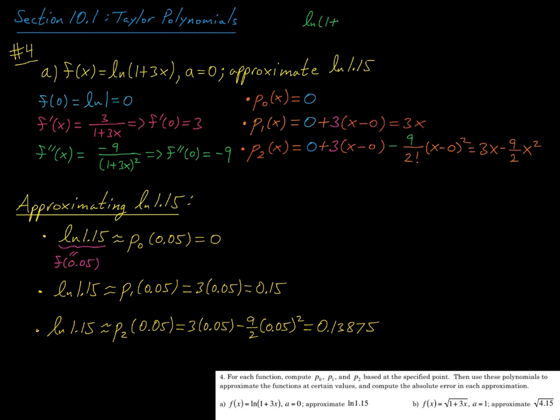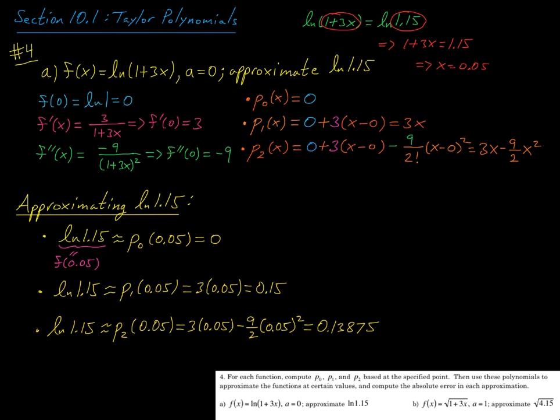If the natural log of 1 plus 3x is to equal the natural log of 1.15, I need 1 plus 3x to equal 1.15. And so I can just solve for x by subtracting 1 and dividing by 3, and I find that x is 0.05. So in other words, the natural log of 1.15 is really f of 0.05.